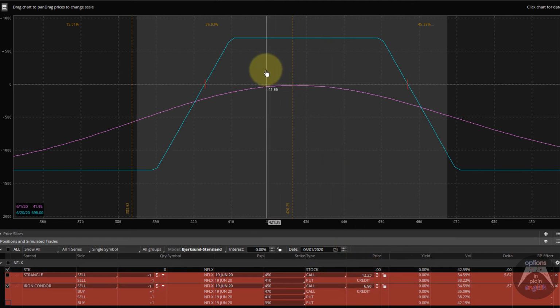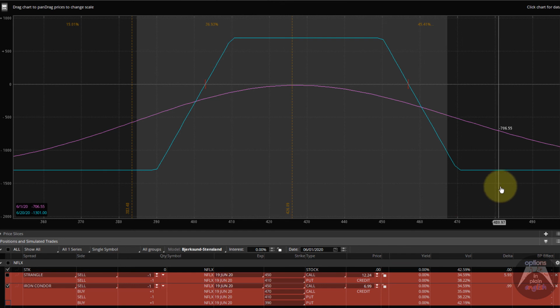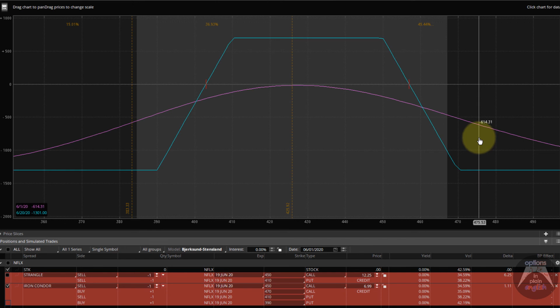My max profit is going to be $700. Notice how in this one I'm getting less, $700. Here I'm getting $1,223. So it's considerably less than the Strangle, but that's because I bought the wings, and with this I have peace of mind that my losses are never going to be unlimited, and that I'm never going to wake up one day to a huge catastrophic loss.